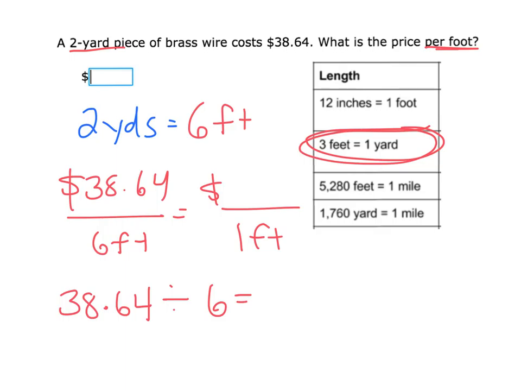And when we do that, we will find that each foot will cost us approximately, take a guess. Okay, you've guessed and you found it. It was about 6, and it turns out to be precisely $6.44 per foot. And so I'll type that in there if I'm on IXL.